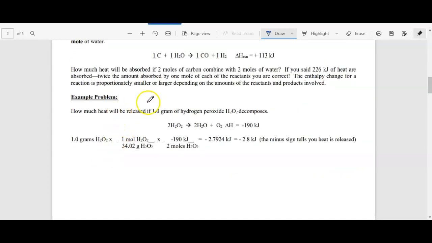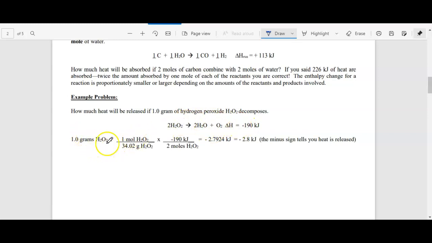An example problem here: how much heat will be released if 1 gram of hydrogen peroxide, H2O2, decomposes? You can see the equation here, 2 moles of hydrogen peroxide yields 2 moles of water plus 1 mole of oxygen. We've got a delta H as negative, so that implies that we're releasing heat in this equation.